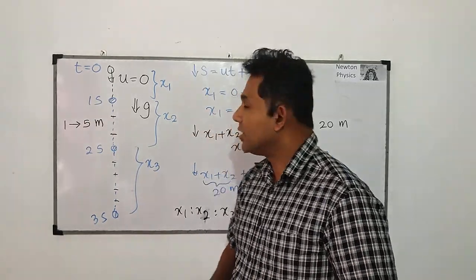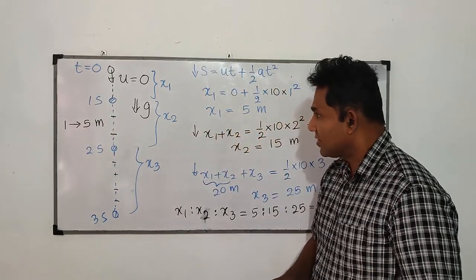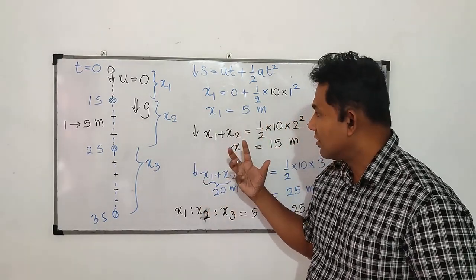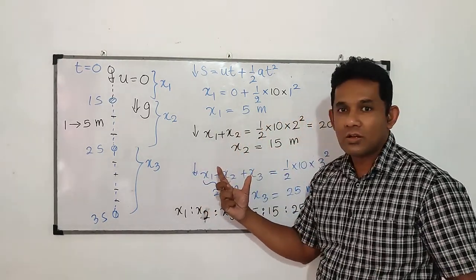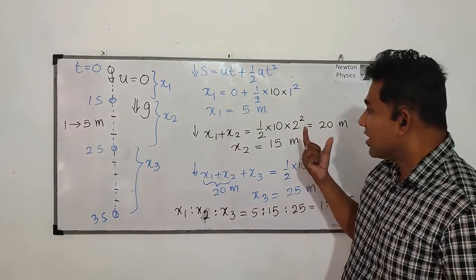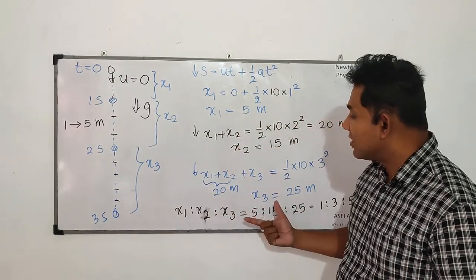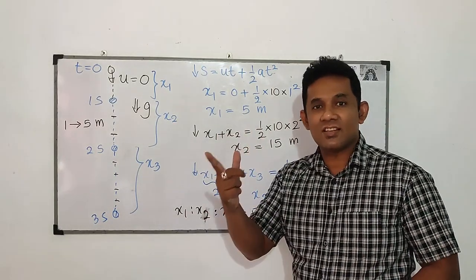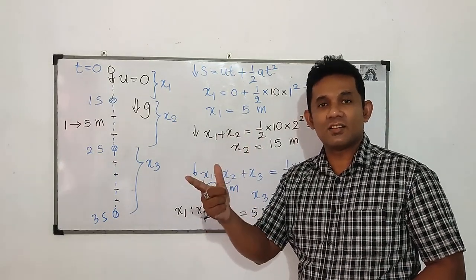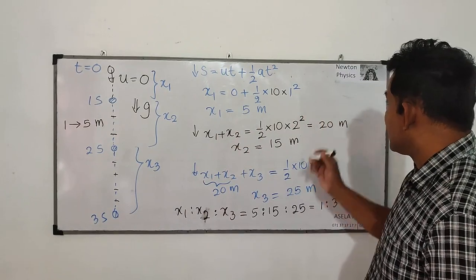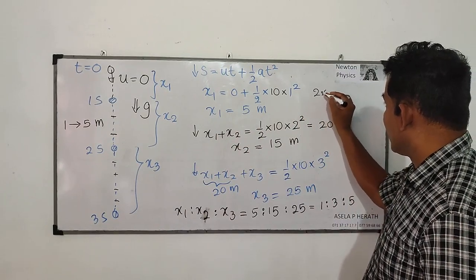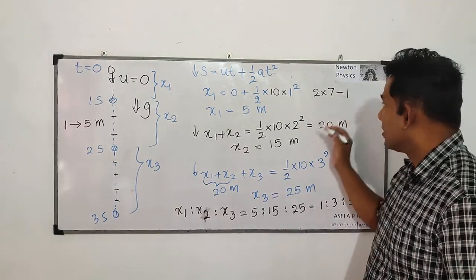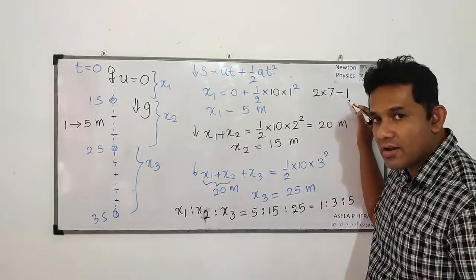So according to the easy method, we took the numerical value or the odd number that we have to consider. Now think about the 7th second. In the 7th second, we took it as 2 into 7 minus 1, according to the common relation for the odd numbers.